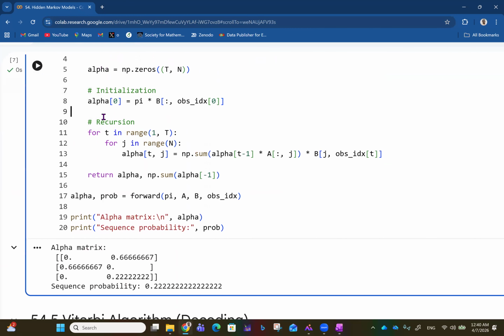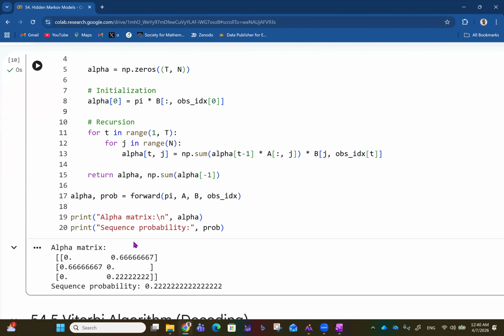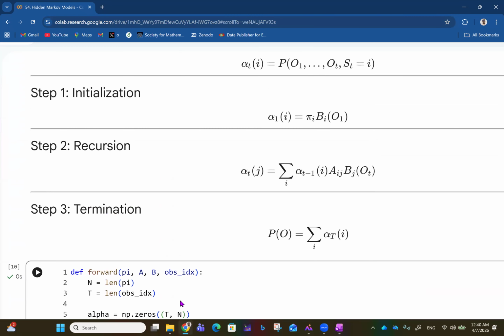You see it keeps changing like that. As you keep running it, it ends up converging at the end of the day. So this now converges to 0.6767 and all that, and then the sequence probability ends up being 0.22222222, like that.